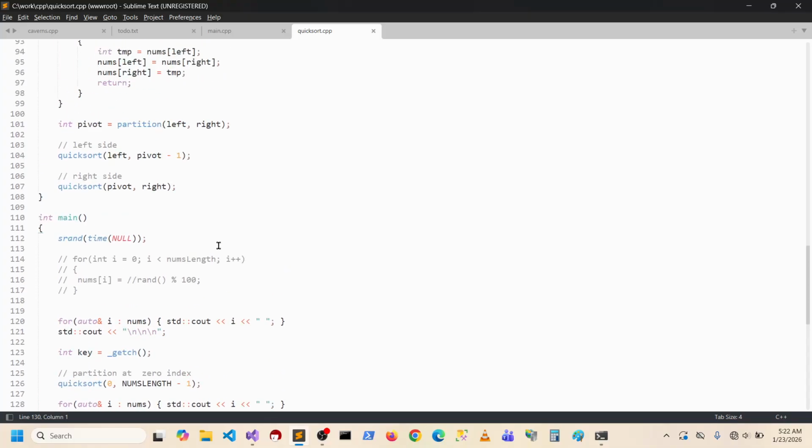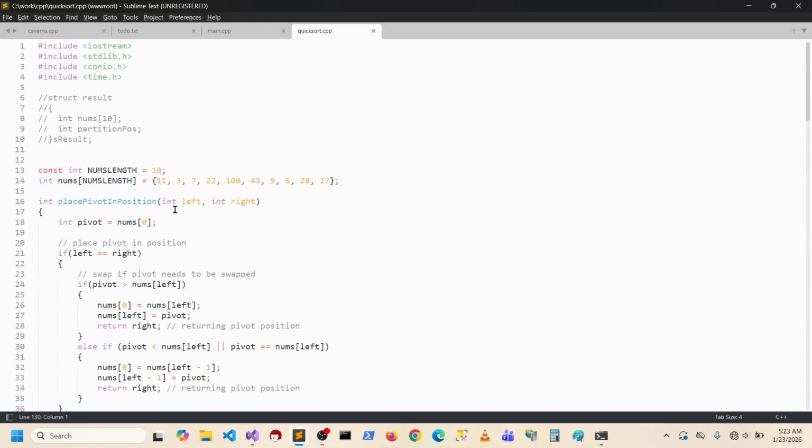All right, where is our numbers? Okay, so when we first start out, we send in 0 and n minus 1. So 11, 17. So that's left, that's right. This becomes pivot. We advance left to here. So when we go to partition, we should pass our pivot in.